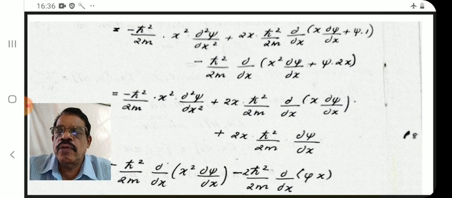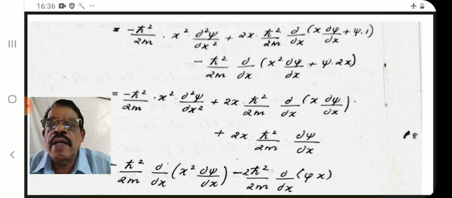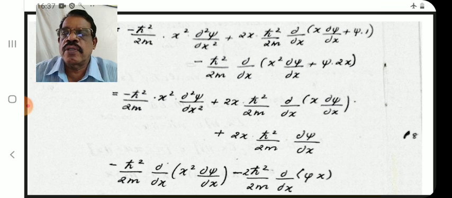And this is like this step you will be here. Minus ħ²/2m x² ∂²ψ/∂x² plus, the step is simply we are removing the bracket. 2x ħ²/2m ∂/∂x x ∂ψ/∂x plus 2x ħ²/2m ∂ψ/∂x again times. The step continues.